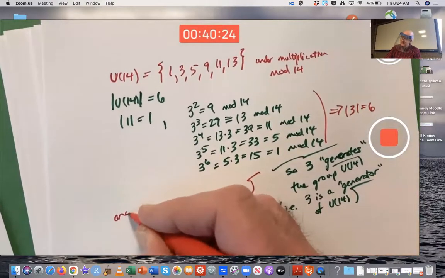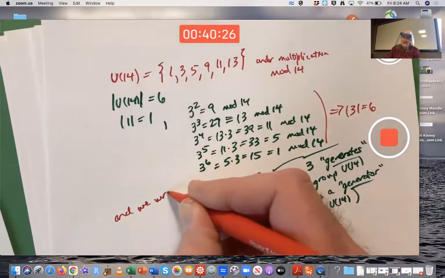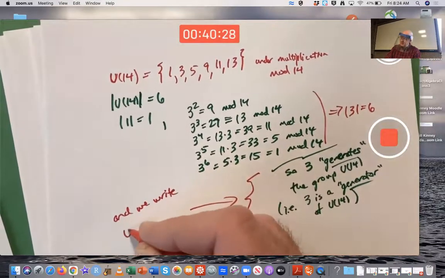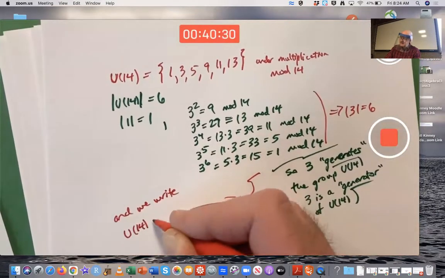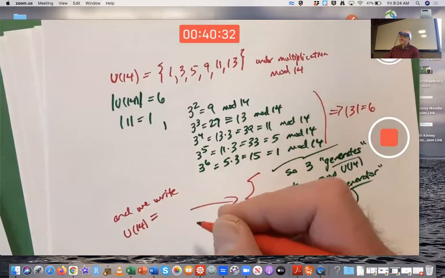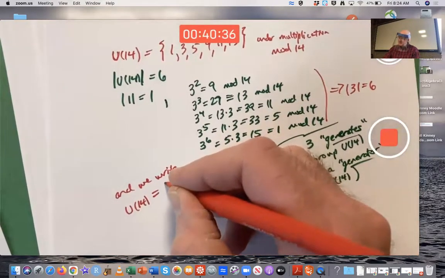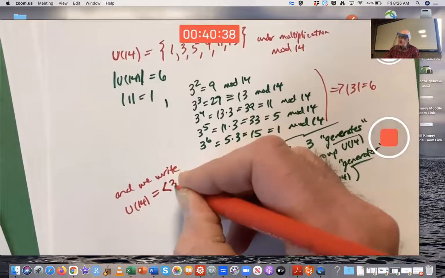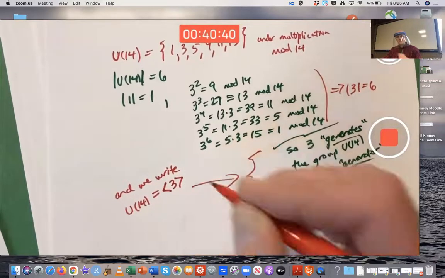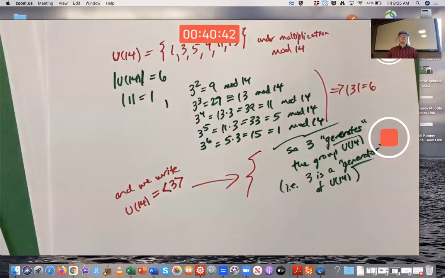And we write U14 equals, here's what we do. We put pointy brackets around a 3 that look like a less than sign and a greater than sign, but they're not a less than sign and a greater than sign.